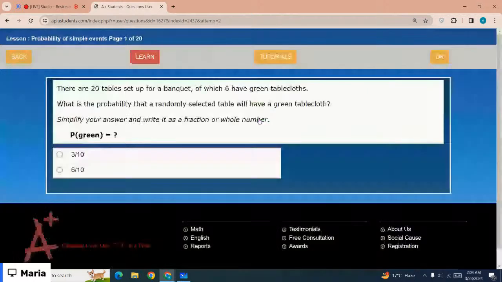Okay, there are 20 tables set up for a banquet, of which 6 have green tablecloths. What is the probability that a randomly selected table will have a green tablecloth, right? So you have to see the total tables are 20 and 6 of them have green tablecloths.